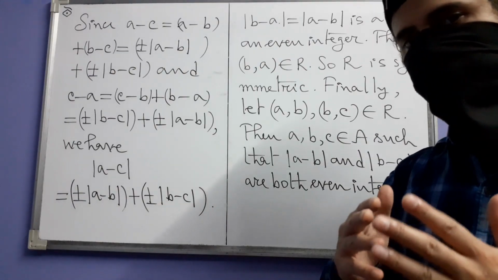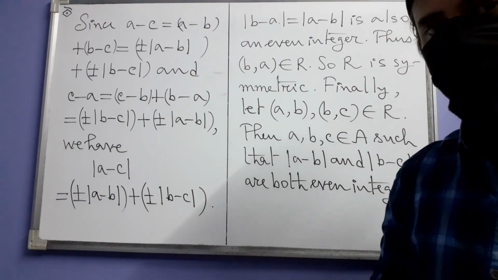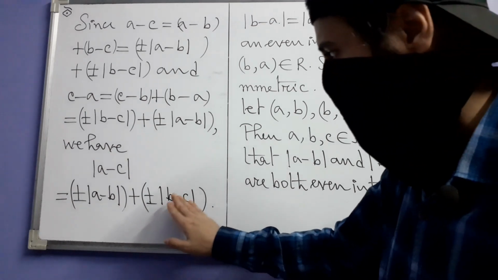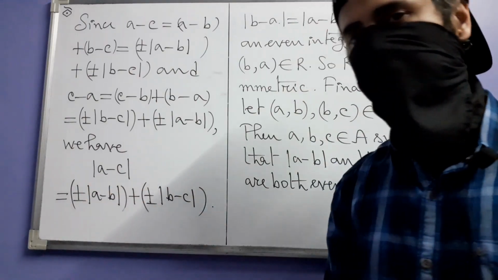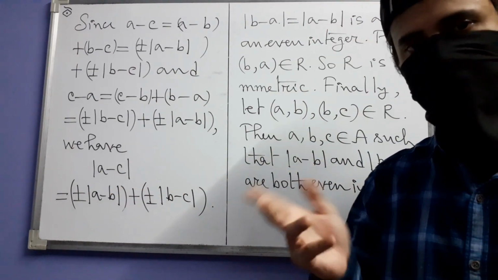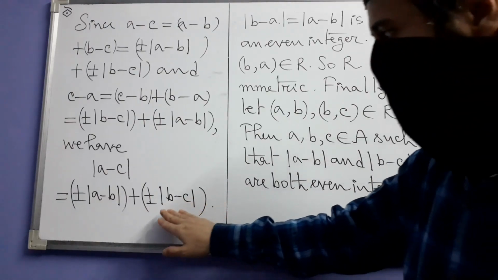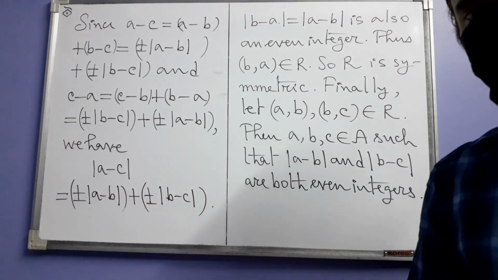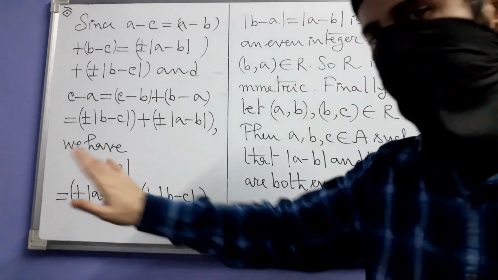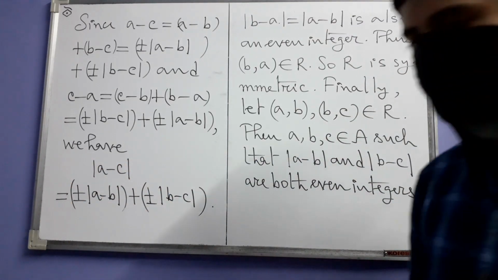So even if we have a negative sign in front of an even integer, that will also be even. So after all, we are adding two even integers, regardless of their sign. There may be positive, negative, anything can happen, but both of them are even. And that is why this sum would be even, and that way mod a minus c would be even.